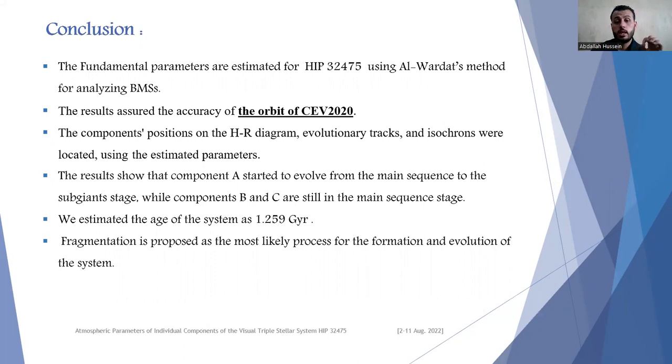The result shows that component A starts to evolve from the main sequence to the subgiant stage, while components B and C are still in the main sequence stage. We estimate the age of the system as 1.26 gigayears from the isochrones.